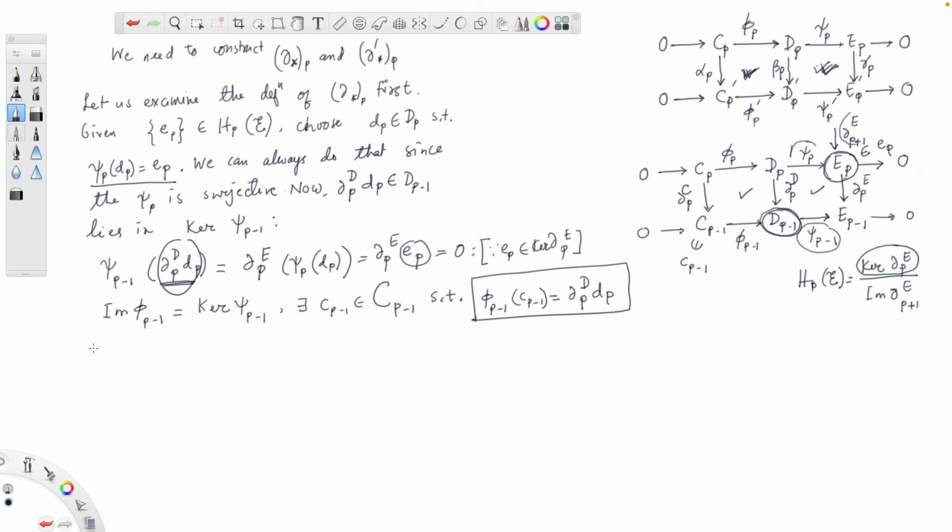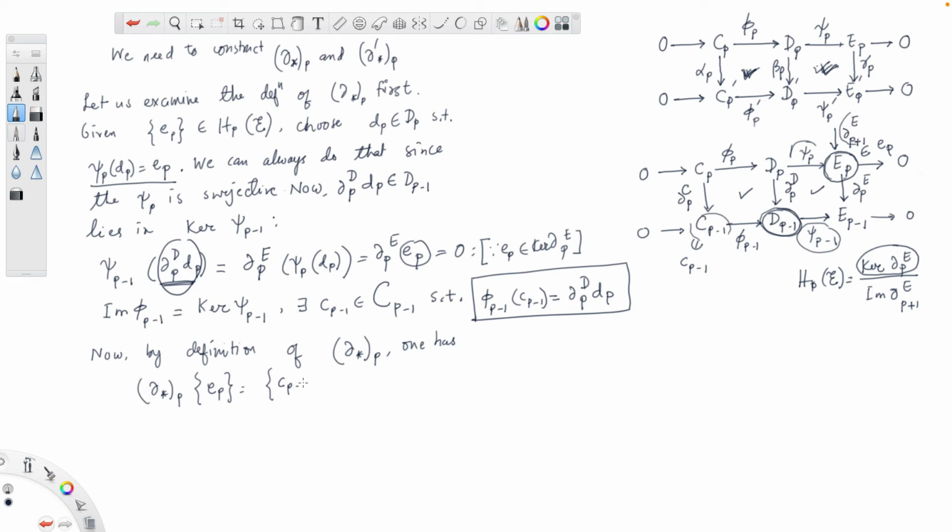Okay, now by definition of the homology boundary homomorphism del_p^*, one has del_p^* acting on this homology class of e_p equal to the class of c_{p-1}, the one that we get here.